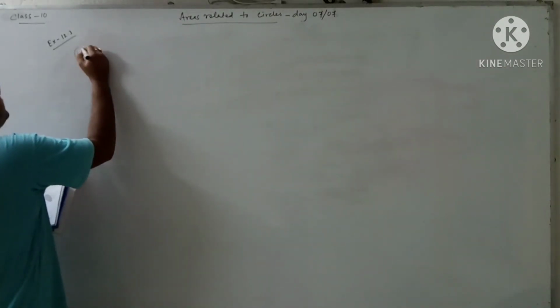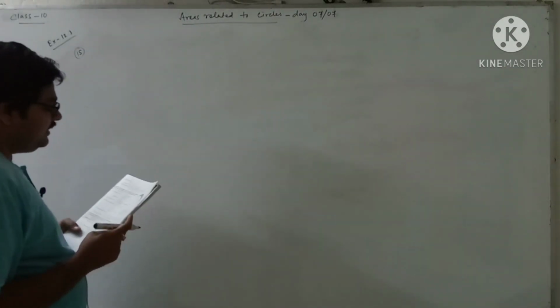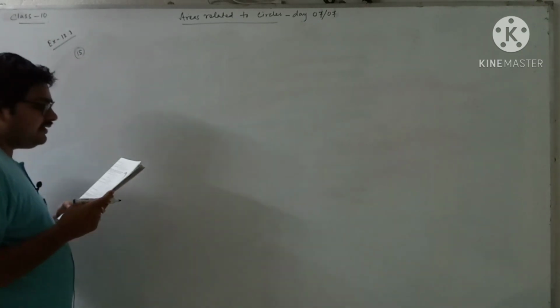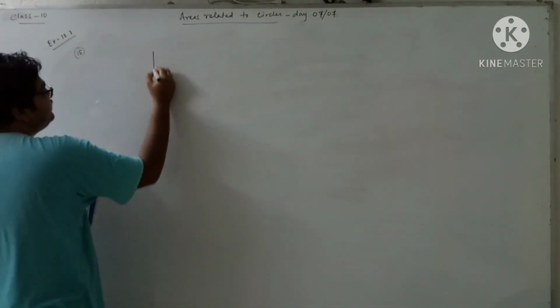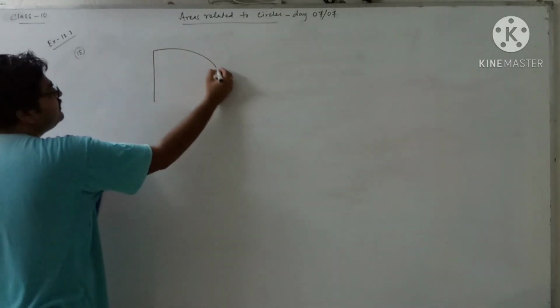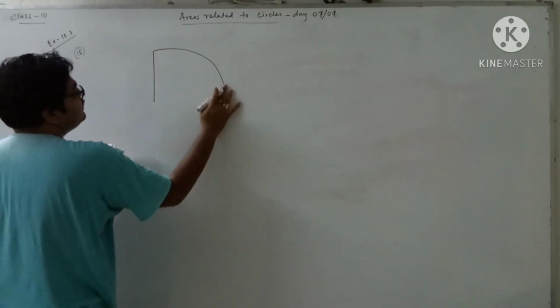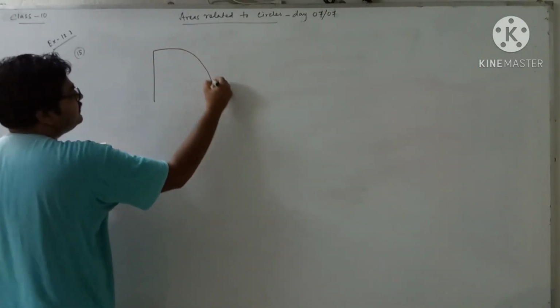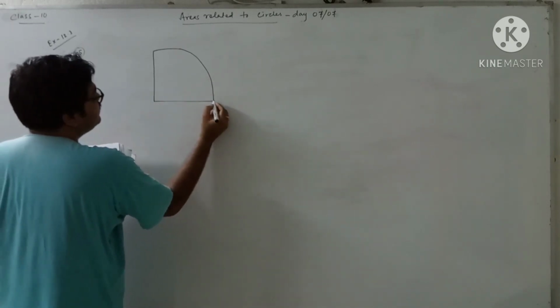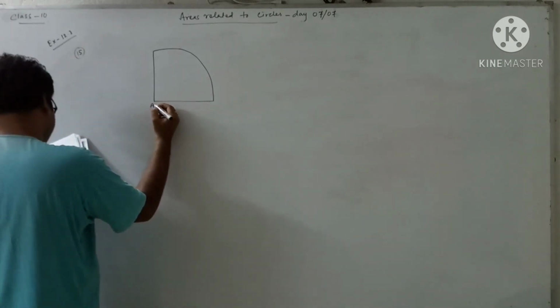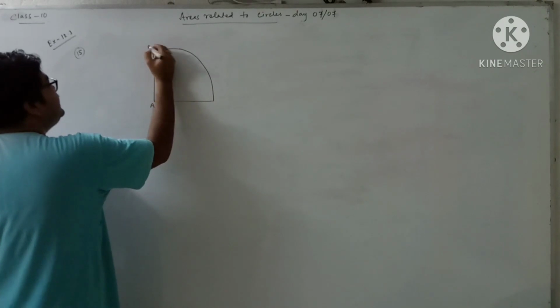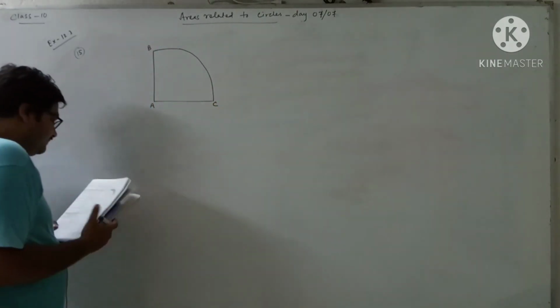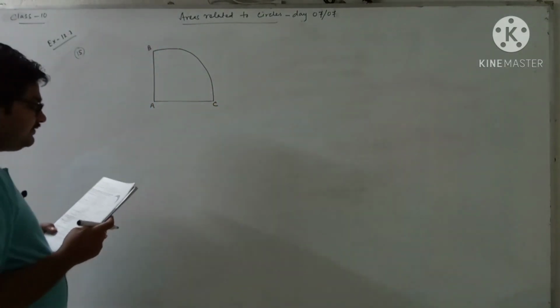Question number 15. In the figure, ABC is a quadrant of a circle of radius 40 centimeters.